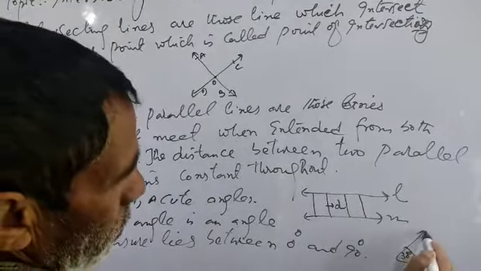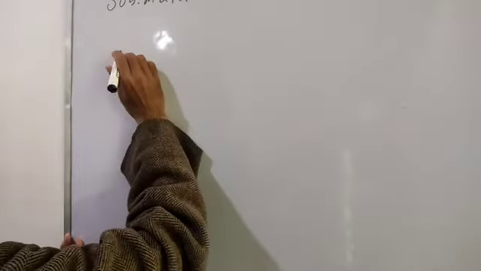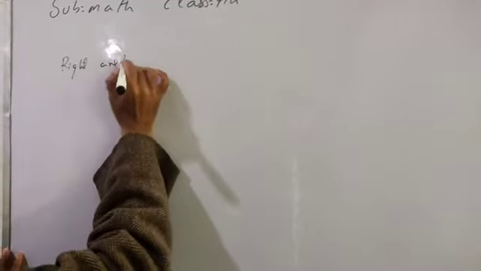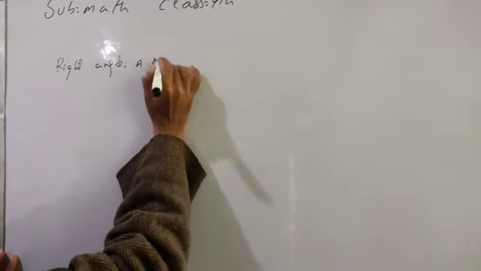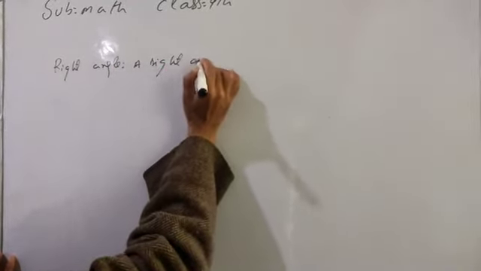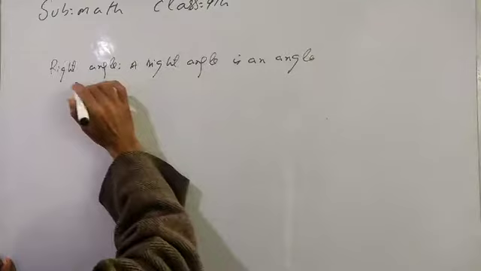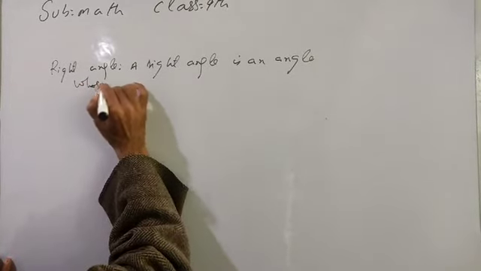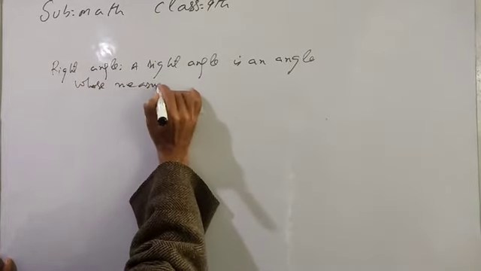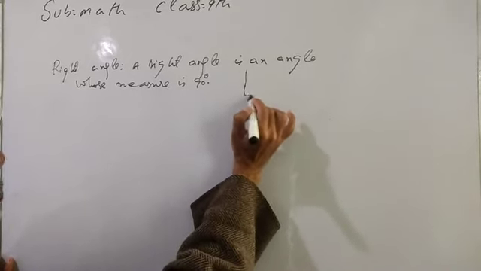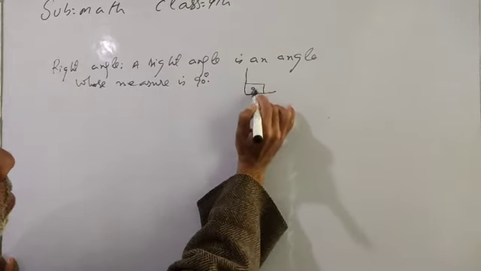After this, we will state what is meant by a right angle. A right angle is an angle whose measure is 90 degrees. This is a right angle.